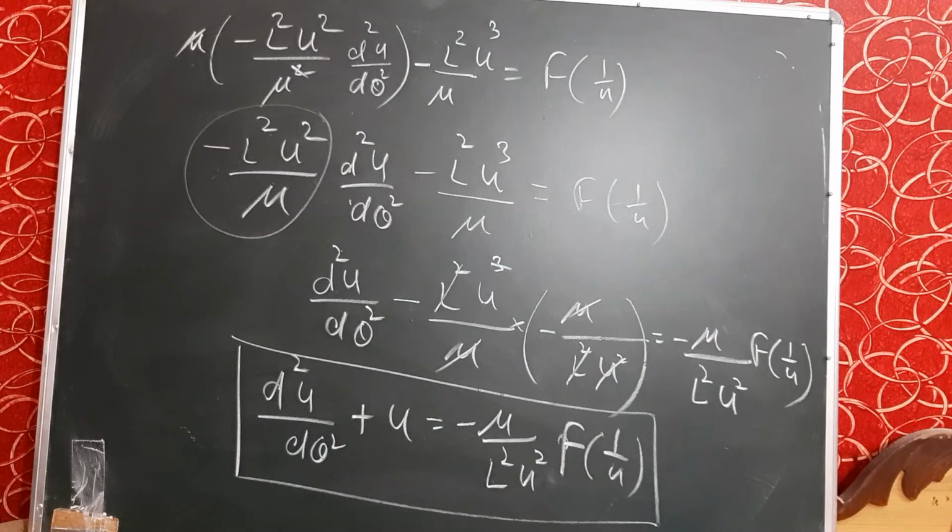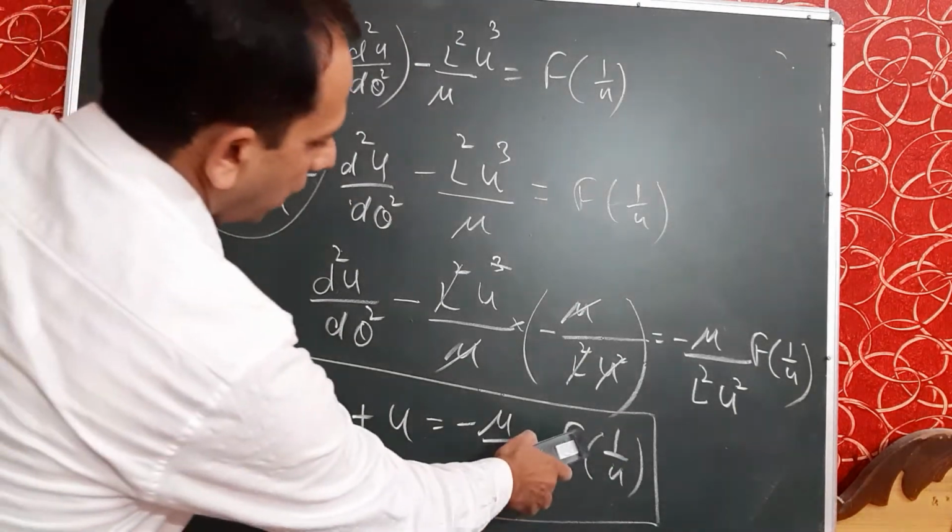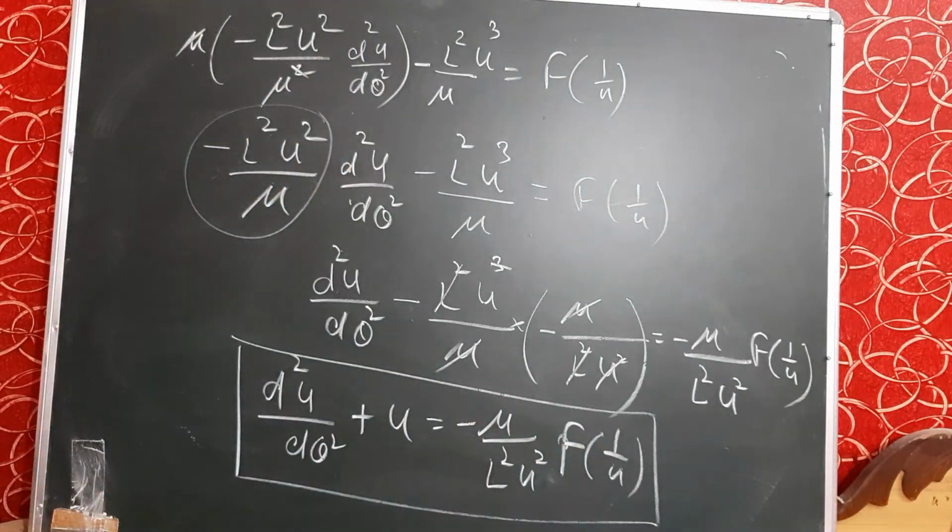So this is the second order differential equation for an orbit in u theta form. You will remember this equation, that is d square u upon d theta square plus u is equal to minus mu over L square u square into f of 1 by u, or it may be written as f of u. So, this is a second order equation.